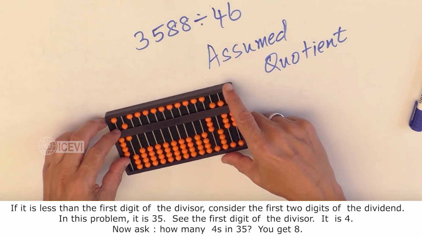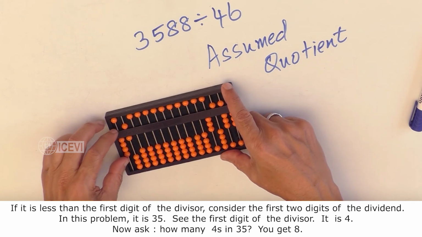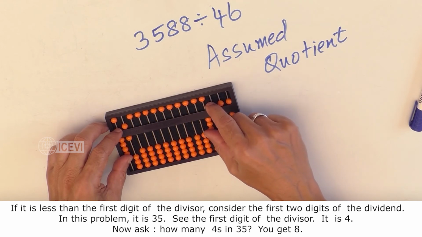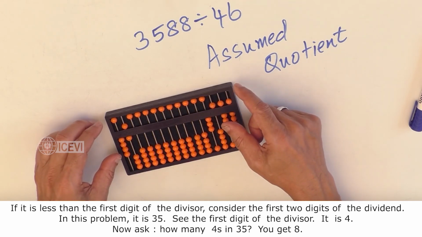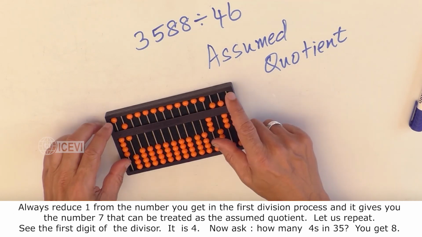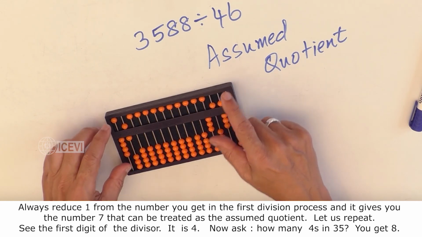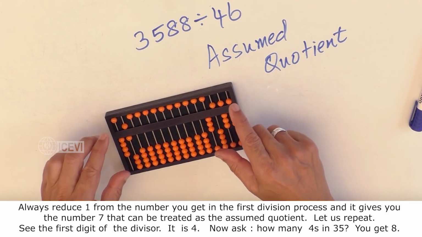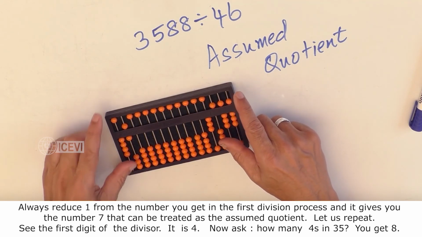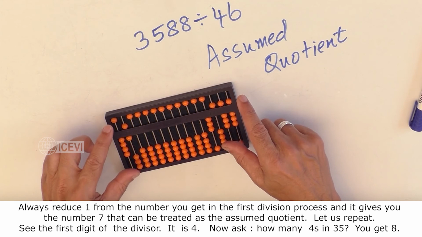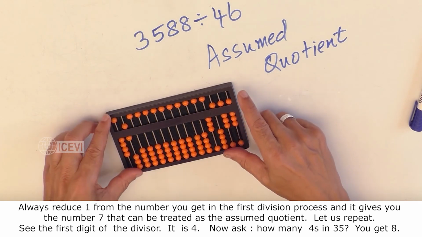See the first digit of the divisor, it is 4. Now ask, how many 4s in 35? You get 8. Always reduce 1 from the number you get in the first division process, and it gives you the number 7 that can be treated as the assumed quotient.